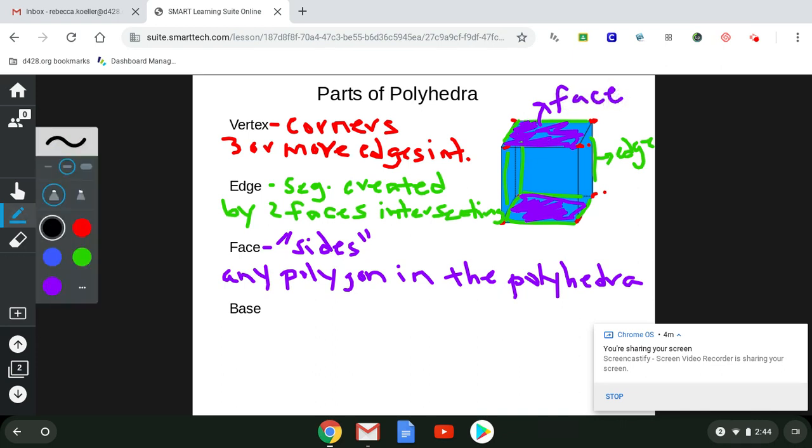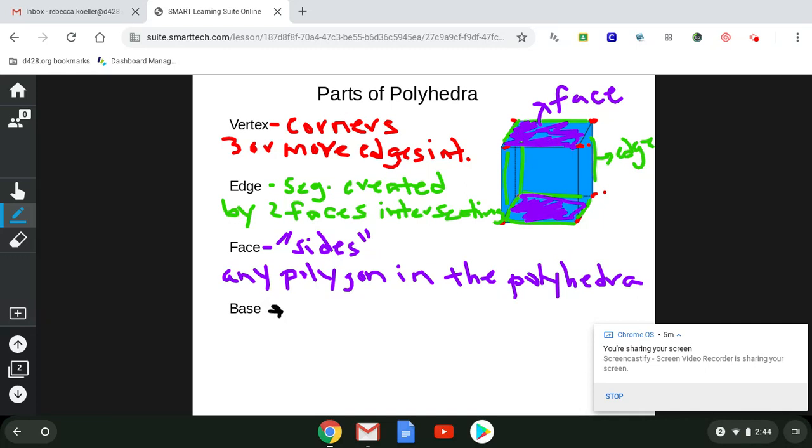And then last, we have bases. Bases are always faces, but faces do not have to be bases.